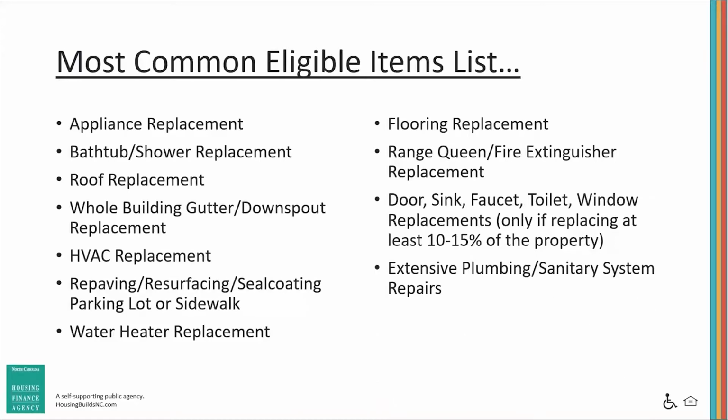And there are some extensive plumbing or sanitary system repairs that are eligible, but those are on a case-by-case basis. And painting of an exterior of the building is eligible if you're repainting the entire exterior.